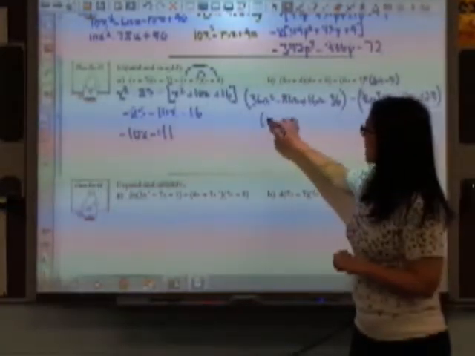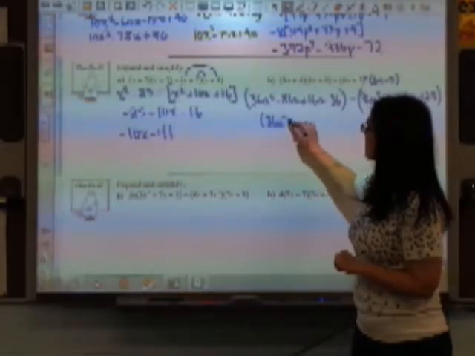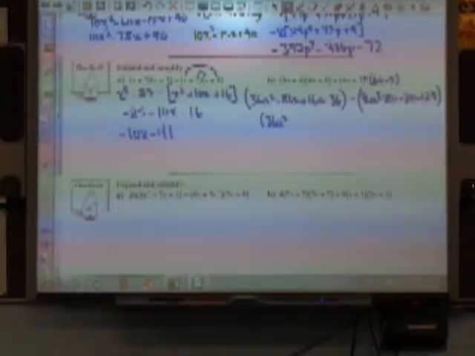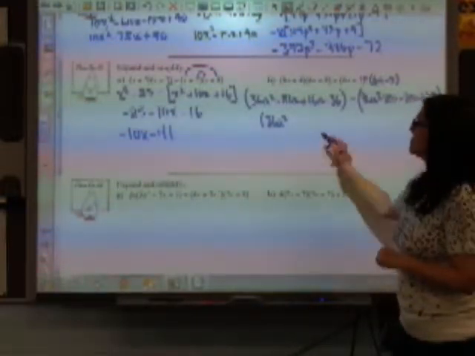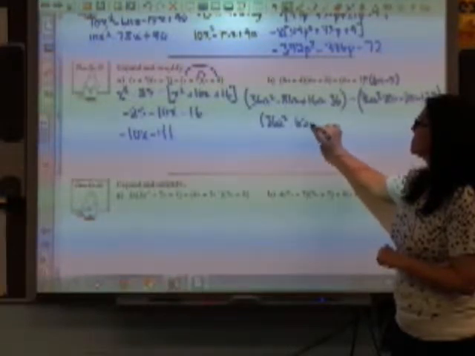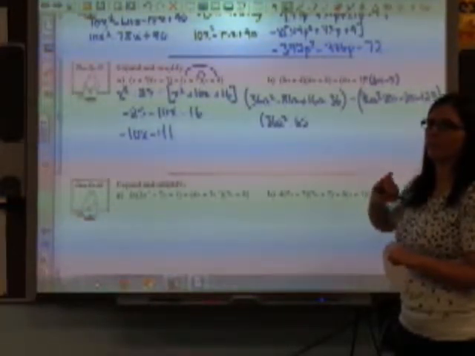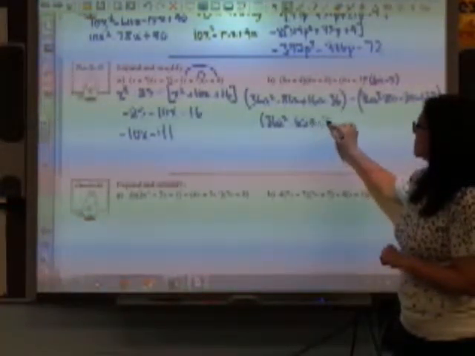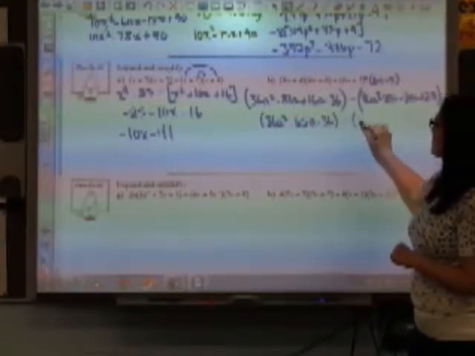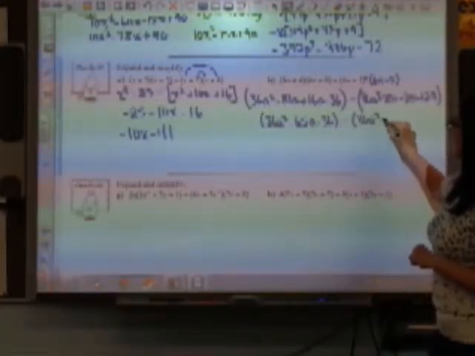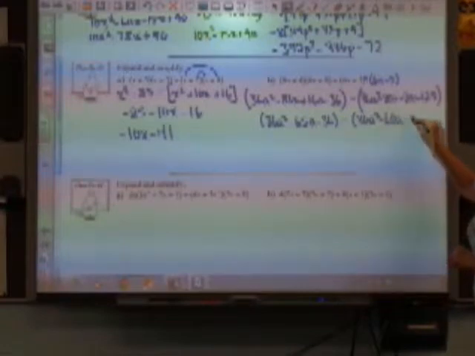And then I can collect my like terms. Negative 81 plus 16 would be negative 65. Right? Negative 60a plus 25.